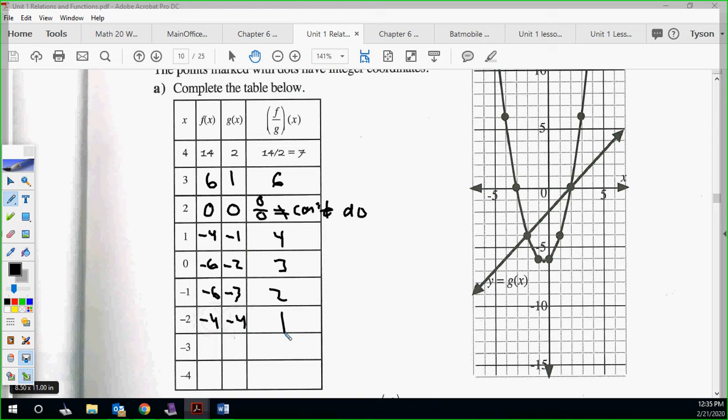Negative 3, 0, and negative 5 for 0. And the last one here, negative 4, 6, and negative 6 for negative 1. So it was very consistent. It's consistent in dropping 1 every time.